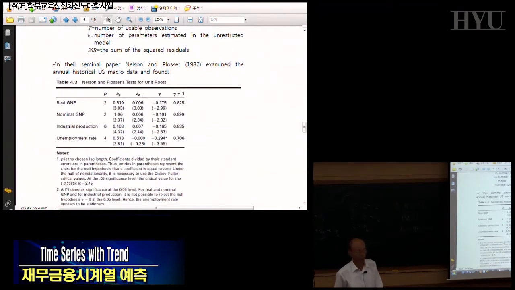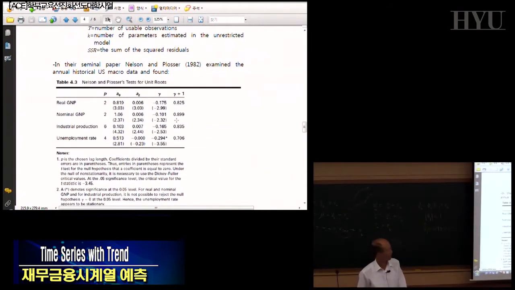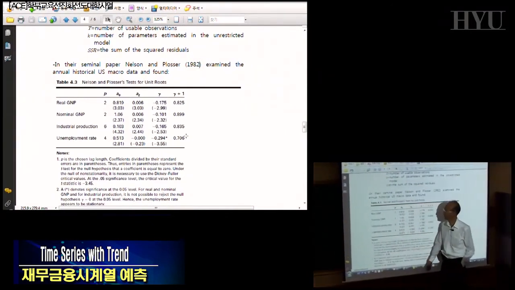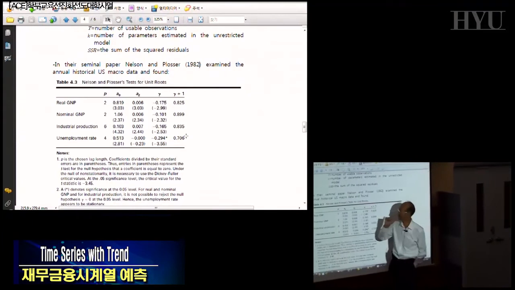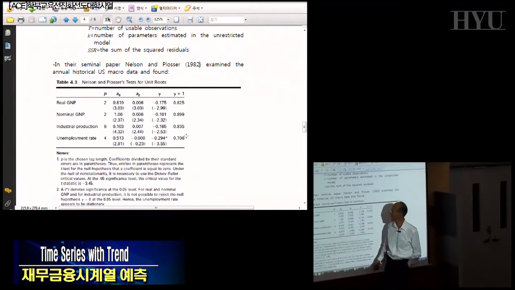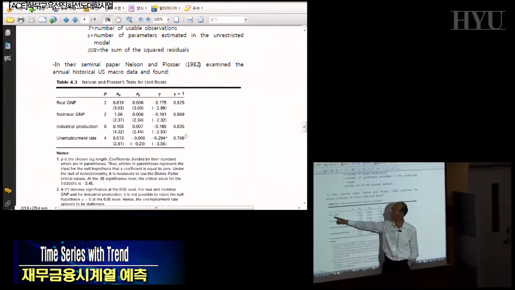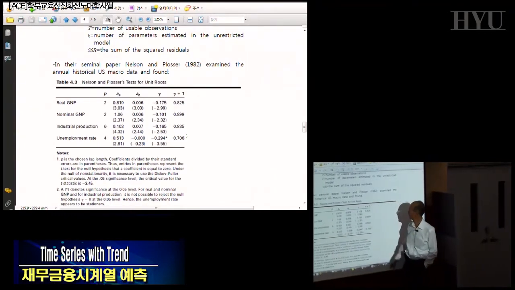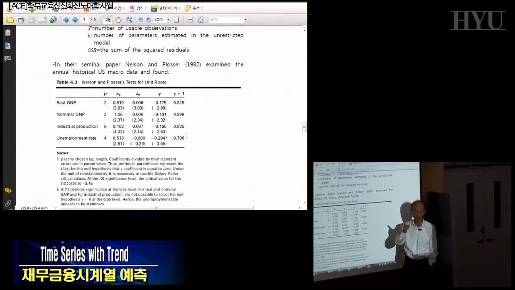So Nelson and Plosser tried, using annual data for the United States, to see whether real GDP in fact contains at least one unit root. So the null hypothesis is whether this one is 0, coefficient gamma.